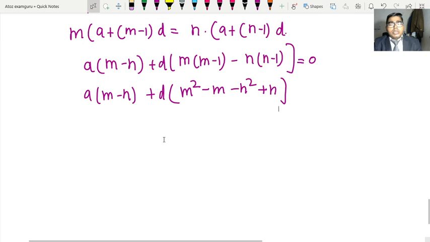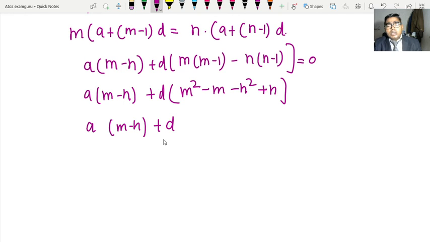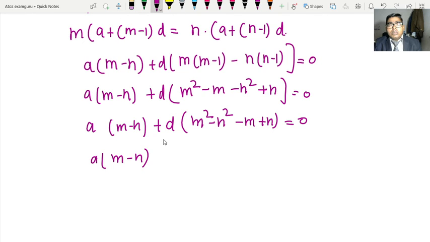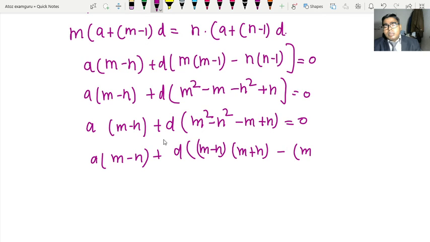This can be written as M minus N times A plus D times M square minus N square minus M plus N. Later on, this can be written as D times M minus N into M plus N minus M minus N equals 0.